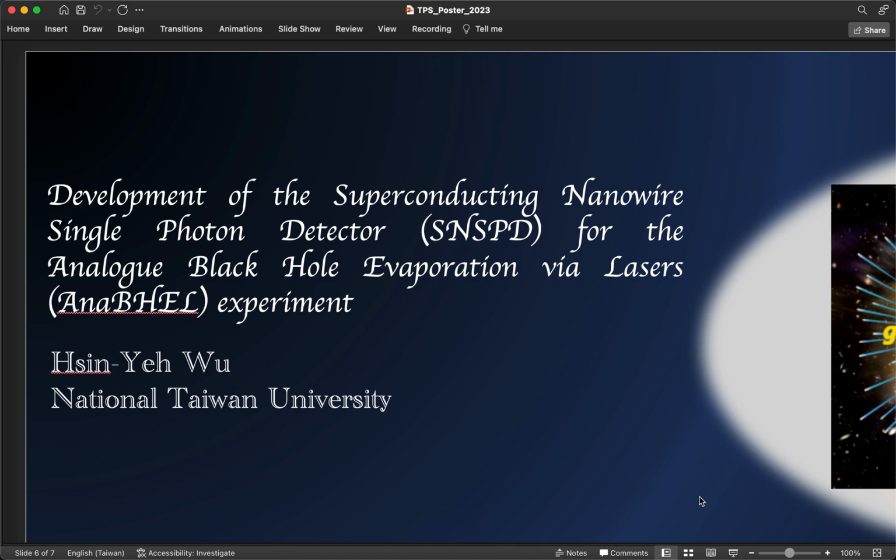Now we have proposed an experiment that we can do in the lab to mimic the Hawking radiation effect, which is the analog black hole evaporation via lasers experiment, also called the Annabelle experiment.